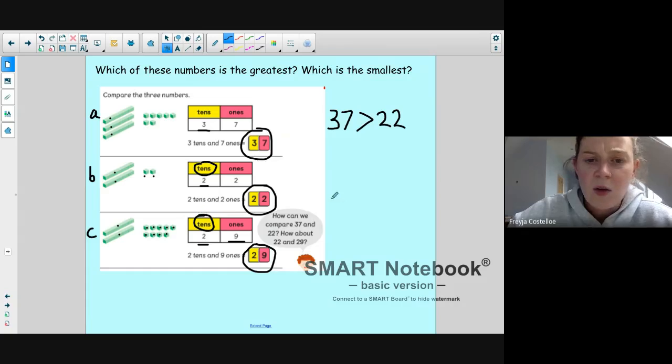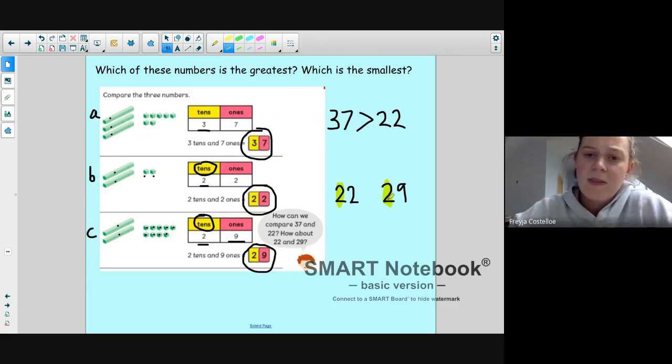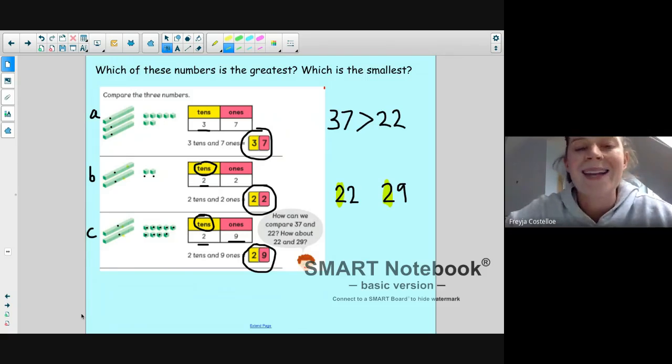But here, with 22 and 29, our tens are both the same number, aren't they? They're both a number 2. We've got 2 tens in both scenarios here. So if both of our tens are the same, what should we look at next?